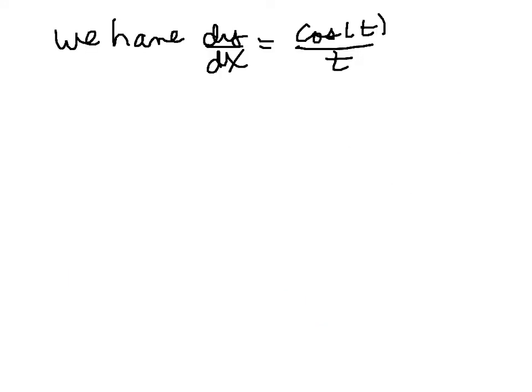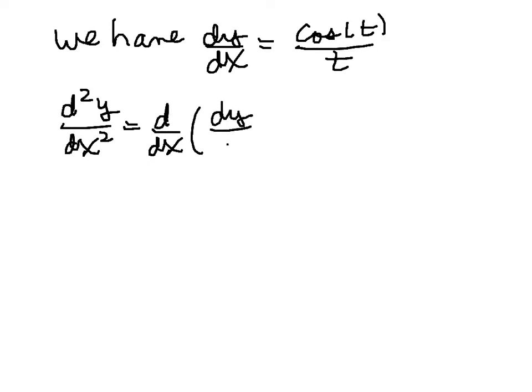So let's pick up where we just were. We found that dy dx for this set of parametric equations is cos of t over t. And we want to now find the second derivative with respect to x. Well, what that means is the derivative with respect to x of the first derivative of y with respect to x. And that's the key, to think of it and write it like that.